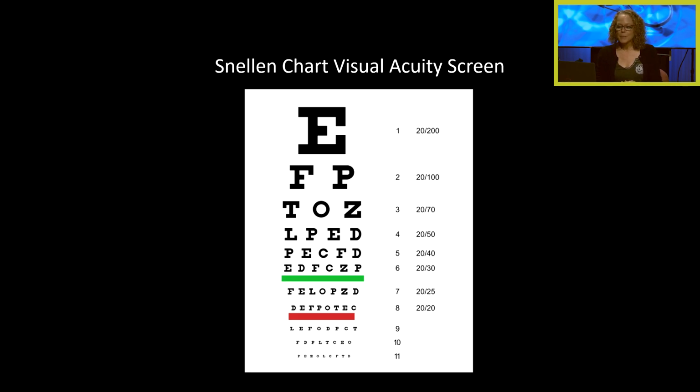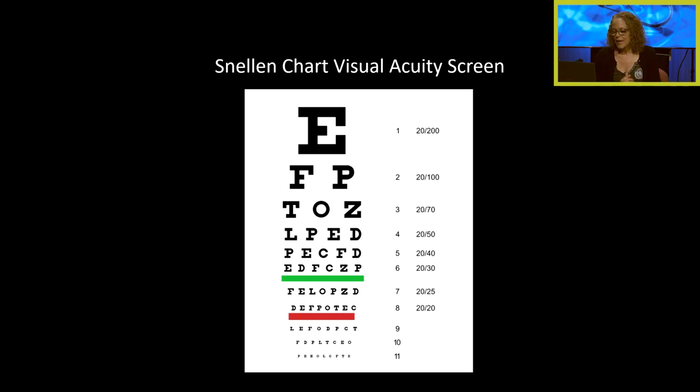And usually if they miss 2 or more letters on the line, we say that they've not gotten credit for that line. So for example, if they can't read all the letters in line 9, then I would bump back up to line 8 and I would say that they actually have 20/20 vision, okay? I'll give you another example.